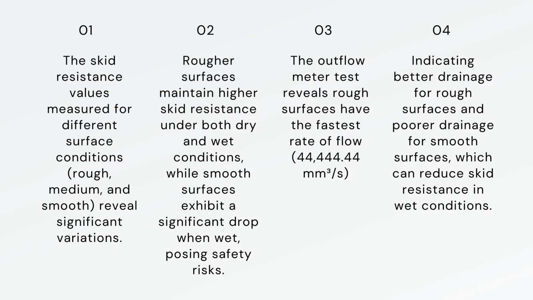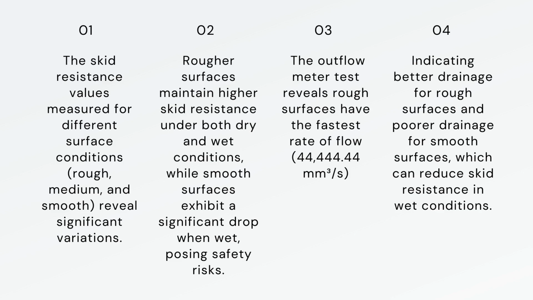To summarize, the skid resistance values for rough, medium, and smooth surfaces reveal significant variations. Rough surfaces average a dry skid resistance of 69 and a wet value of 55.67, medium surfaces 63.33 dry and 46.33 wet, and smooth surfaces 57 dry and 22.33 wet.